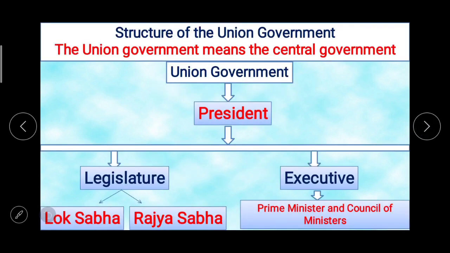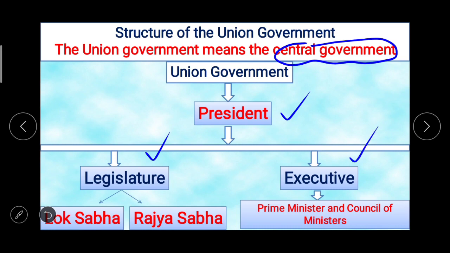The Union Government means the central government. Government which works at national level or for the country is known as the Union Government. The Union Government is made up of President, Legislature and Executive.